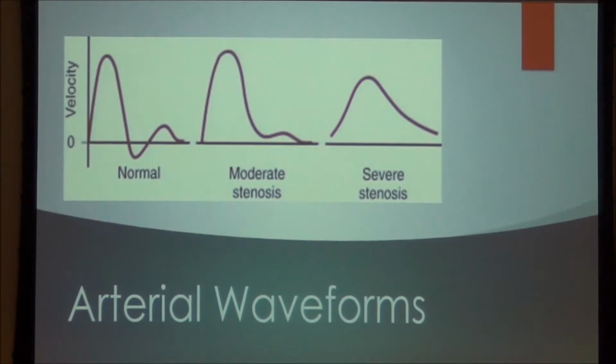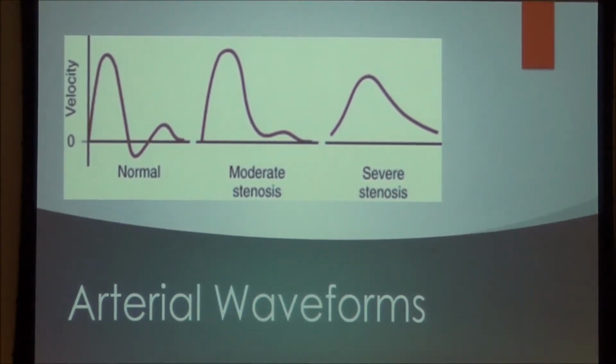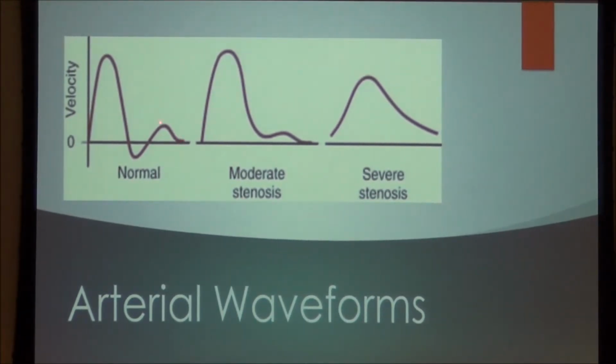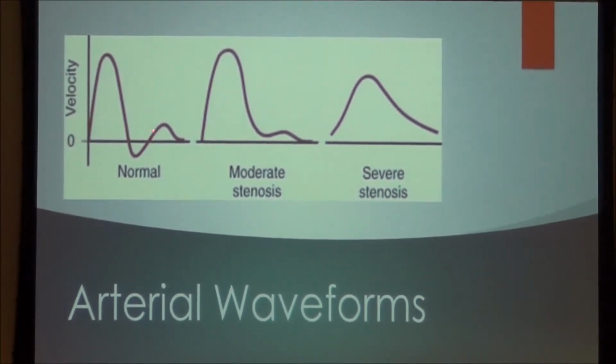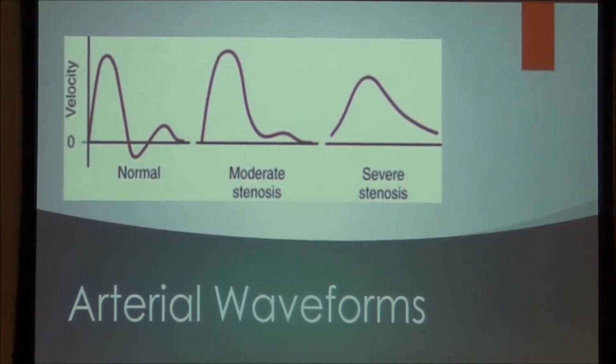In arterial waveforms, we have 3 types of waveforms in our physiological studies. Normally it should be triphasic: upstroke, downstroke, and another late upstroke.